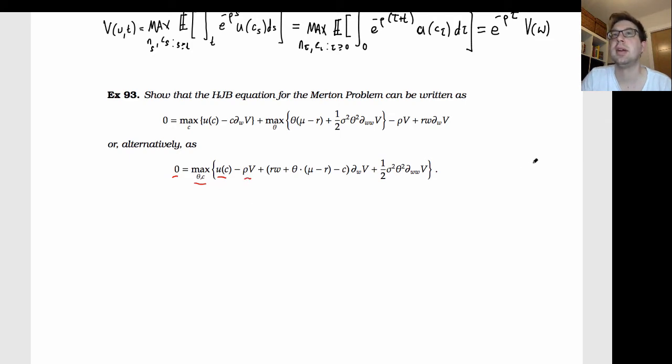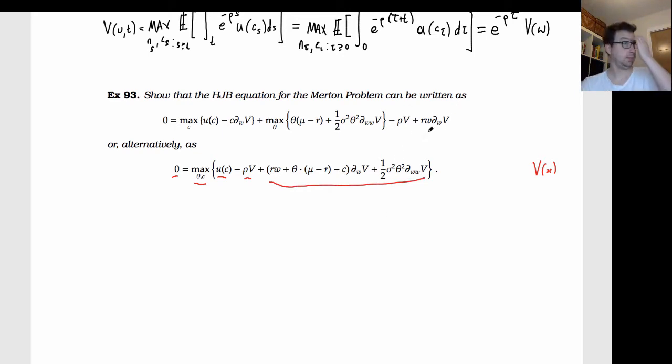I'm working with the value function V of x here, where it doesn't depend on time. Then we should get the drift term from Ito's formula. So we want this term to be the drift from Ito's formula.